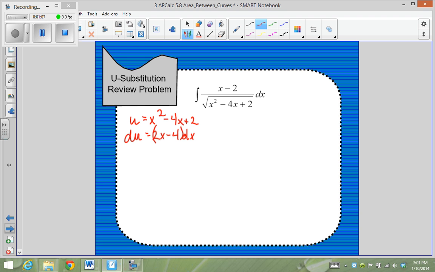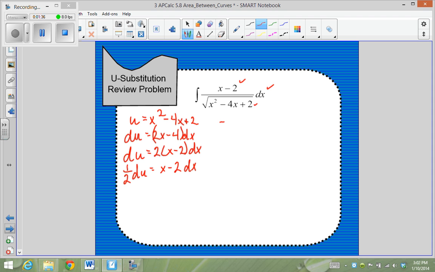Well, that doesn't quite match up with what we have in the numerator, but if I factor a 2 out, then it will, and I can move the 2 over. So I have 1/2 du equals x minus 2 dx. Okay, now that is going to take care of everything. The x minus 2 dx is right here and right here. My u value is right here, so we're in good shape.